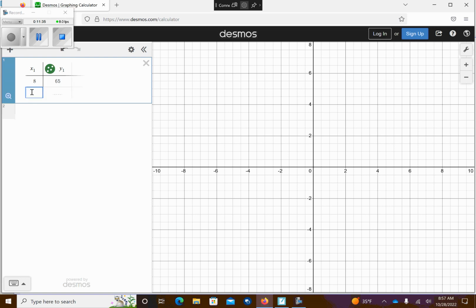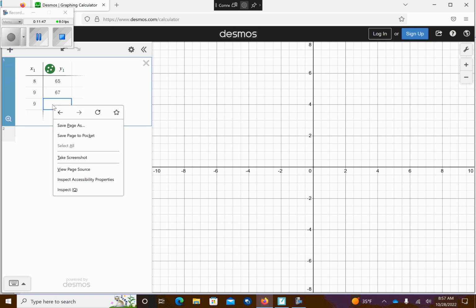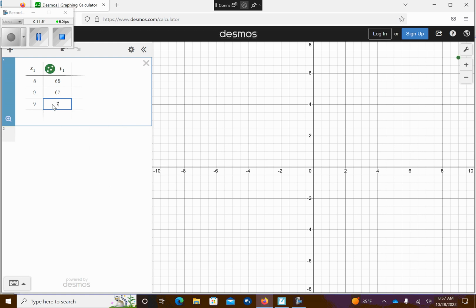And let's say I have somebody size 9 who is 67 inches tall, somebody who is size 9 who is also 67 inches tall. And then somebody who has a size 10 who is 70 inches tall.